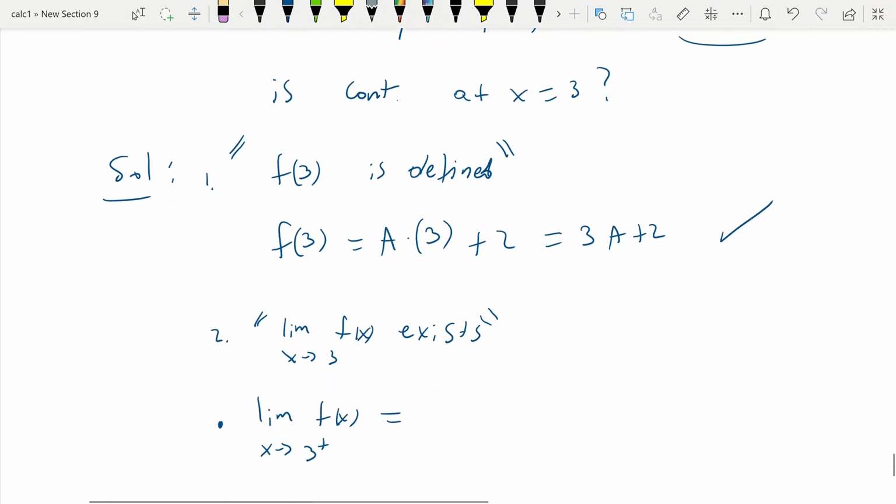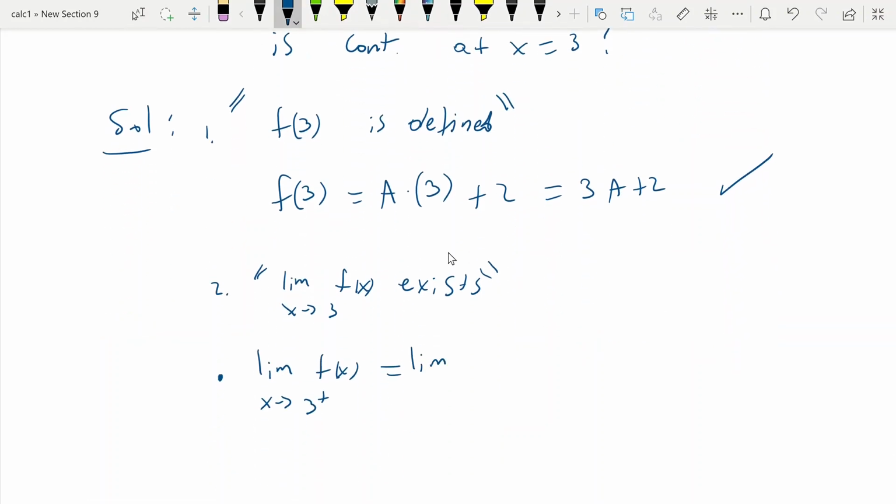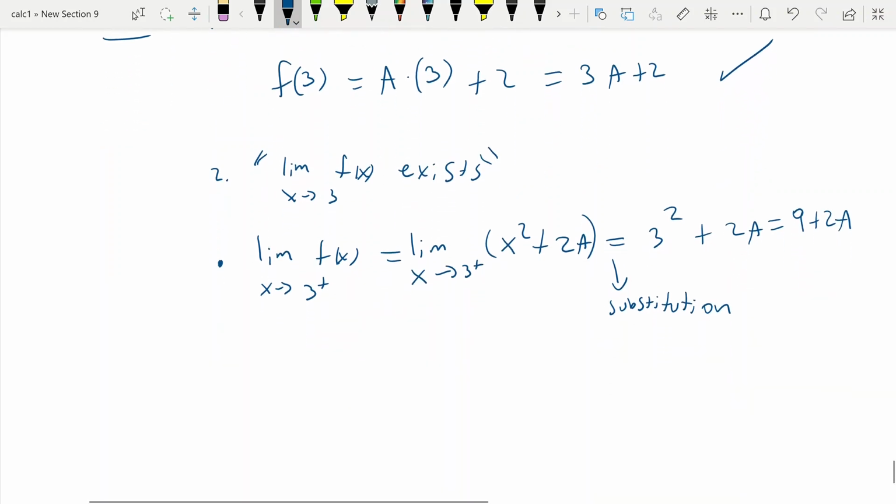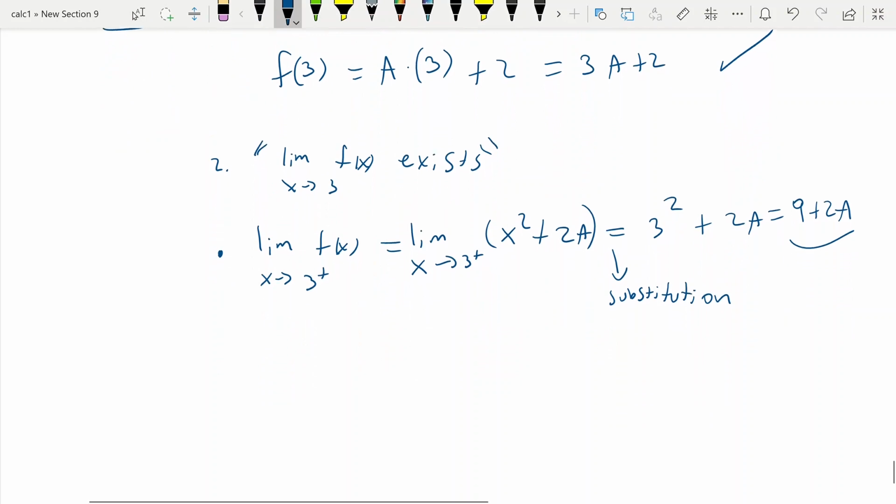So we need to use that when we compute the limit from the right. That's equal to x squared plus 2a. But this function is continuous, so we can use substitution. We just plug in 3 squared plus 2a, which is 9 plus 2a. Okay, so this is the right-hand limit.